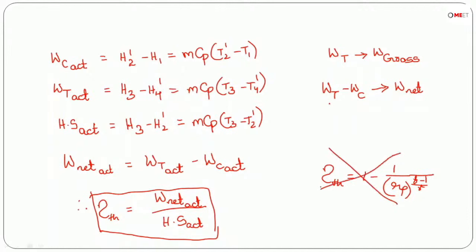So this formula is wrong when isentropic efficiencies are given in the question. So you should use this particular formula in order to determine the thermal efficiency when isentropic efficiencies are given.